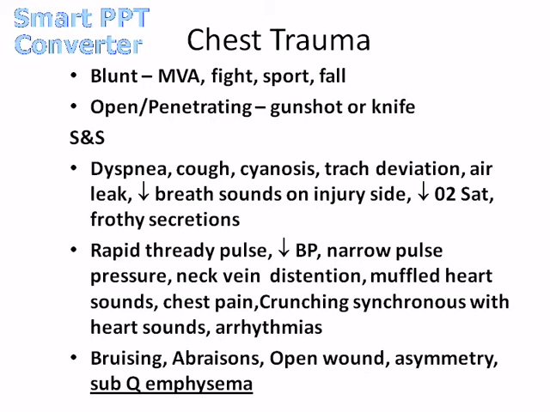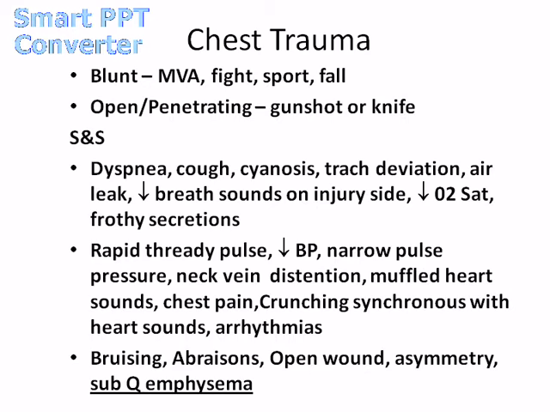Cardiovascular findings we'll see is a thready, rapid pulse, decreased blood pressure, a narrowed pulse pressure, asymmetric blood pressure from arm to arm. We see distended neck veins, muffled heart tones, chest pain, crunching sounds that are synchronous with the heart sounds when we're listening to their heart.